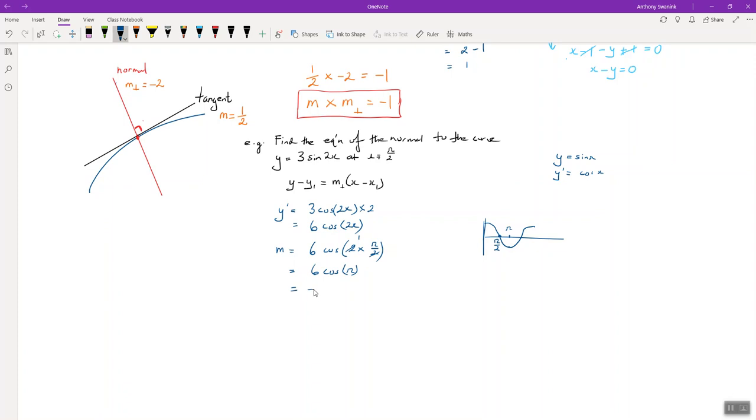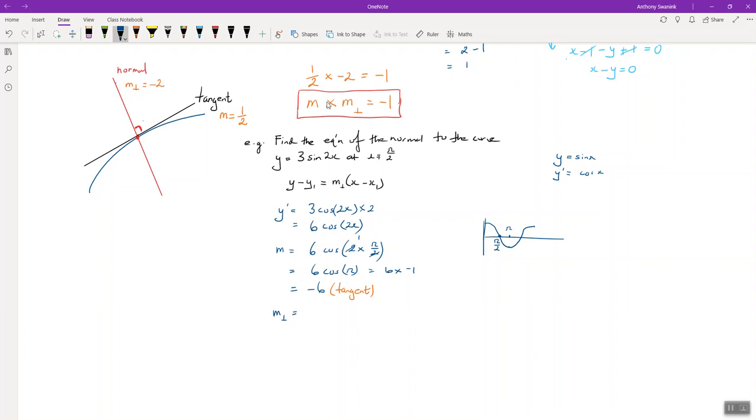So this gradient would be -6, because we get 6 times -1. So that's the gradient, and I'll put here a reminder that this is the gradient of the tangent. So what would the gradient of the normal be?